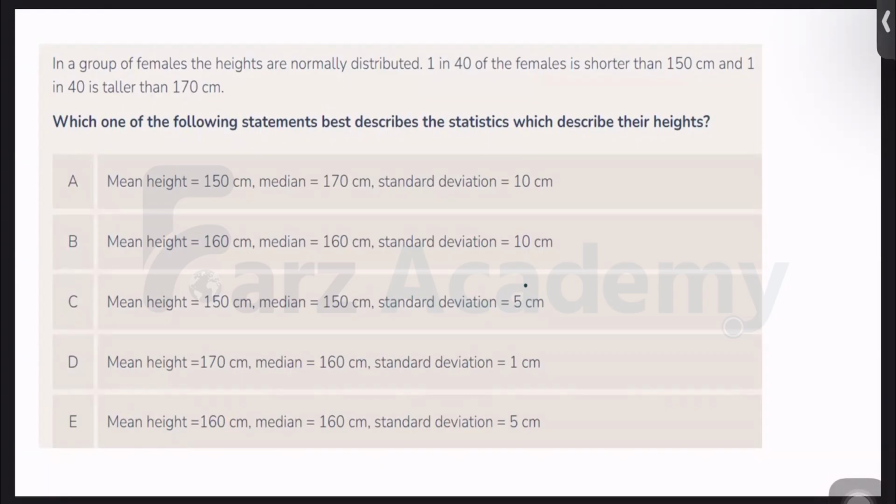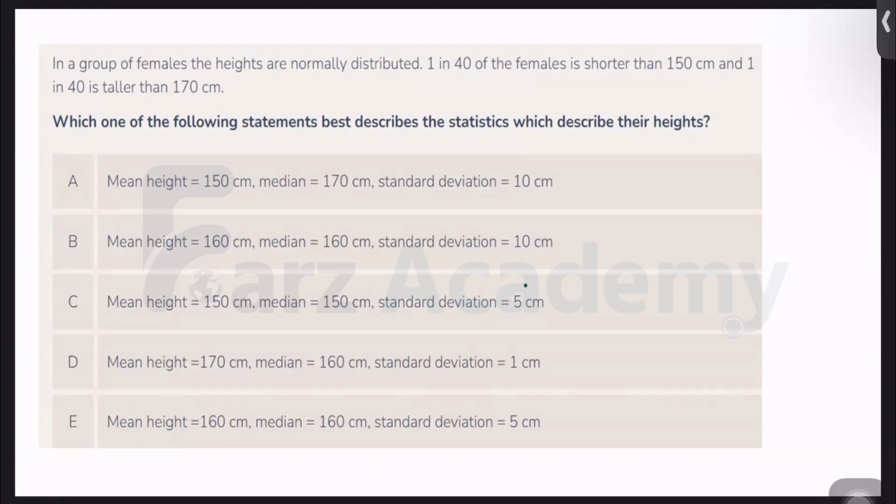There is 1 in 40 patients, that is 2.5%, above the range value and 2.5% below the range value. Very good. So the confidence limit is from 150 to 170. That is 95%.